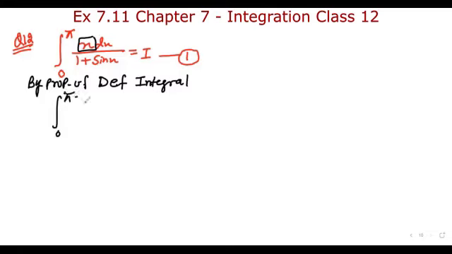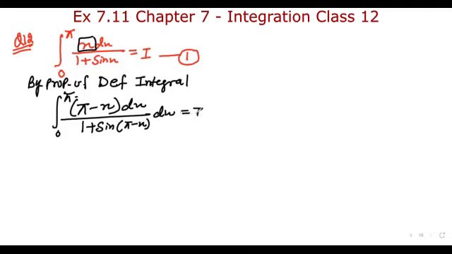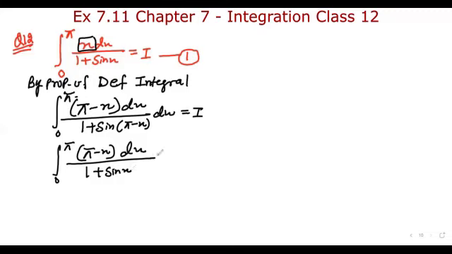So it will be the integral of (pi minus x) dx upon 1 plus sin(pi minus x) dx, and this is I. Sin(pi minus x) is in the second quadrant, and in the second quadrant sine is positive, so it will remain as sin x, equal to I.